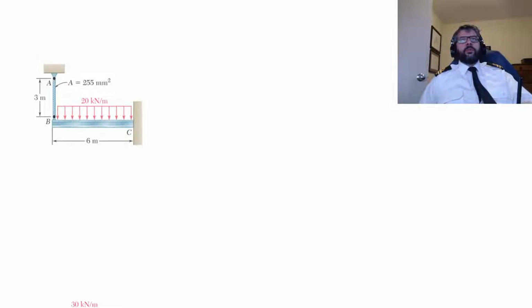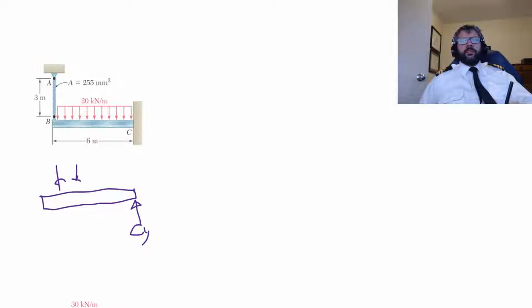So if we do a free body diagram of this thing, we're going to end up with a CY, the distributed loads, and our BY that is caused by the stretching of that. And then we're going to have some sort of moment at C.